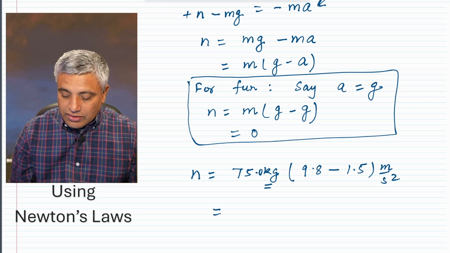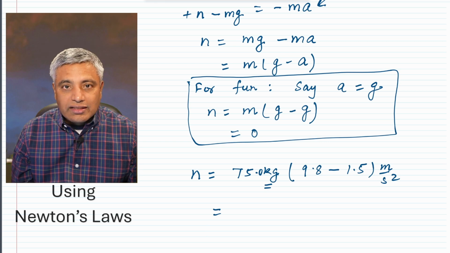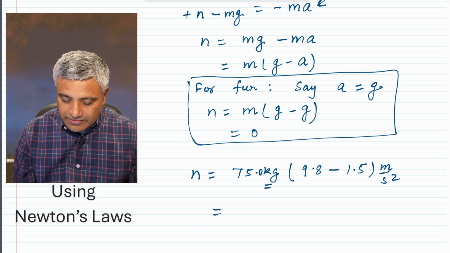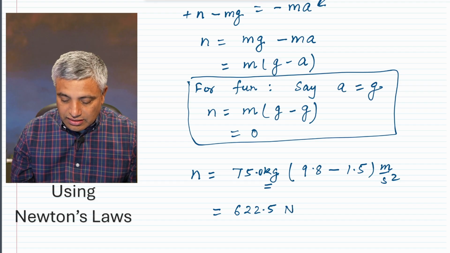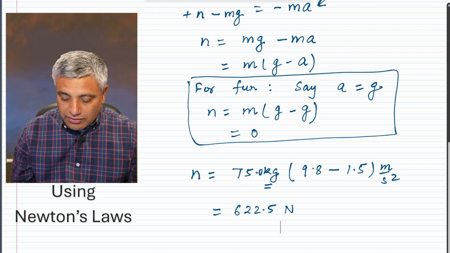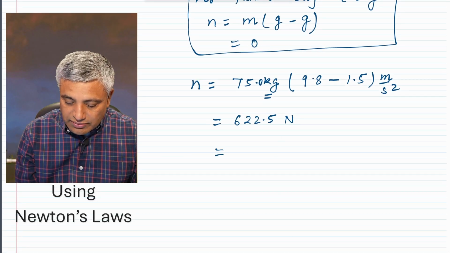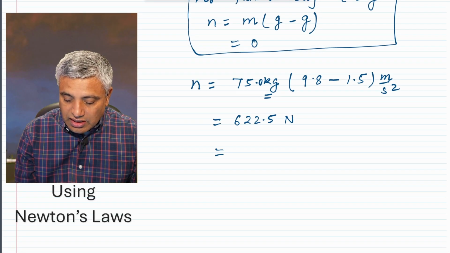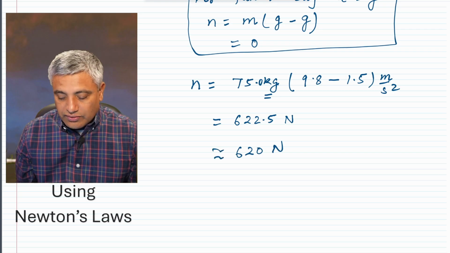Okay? So when we do this math, what do we get? 622.5. Now I have to round this to 2 sig fig, and that means I'm rounding it here, so that means it is around 620 Newton.